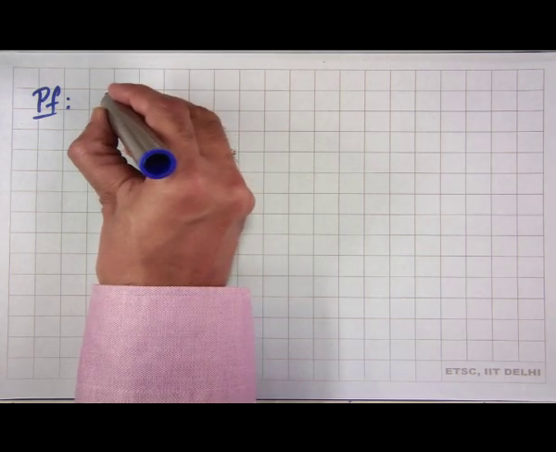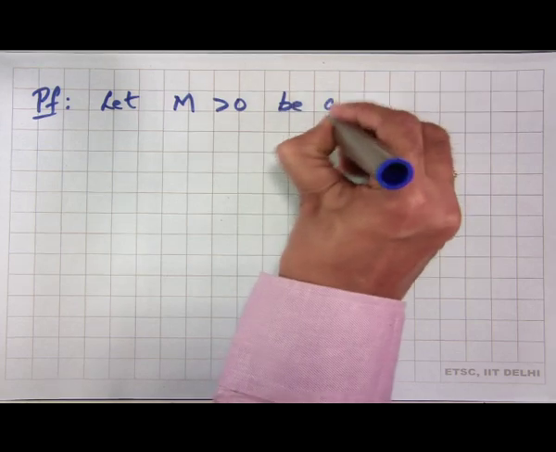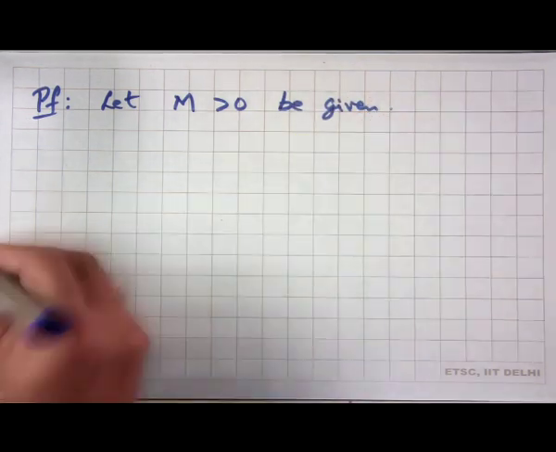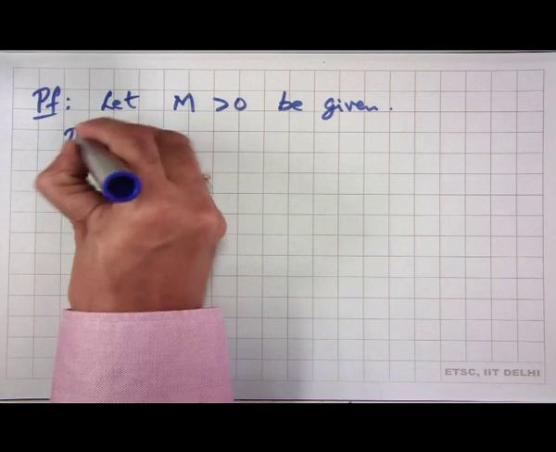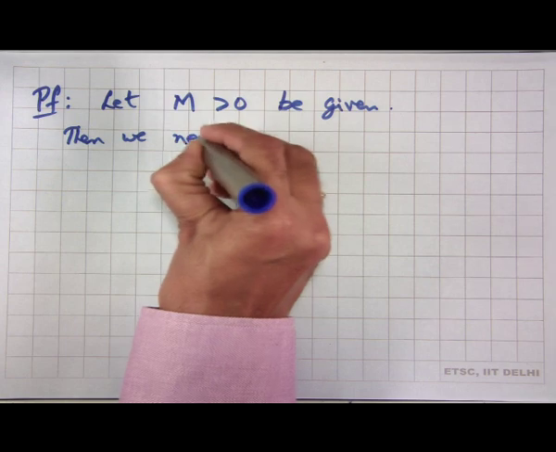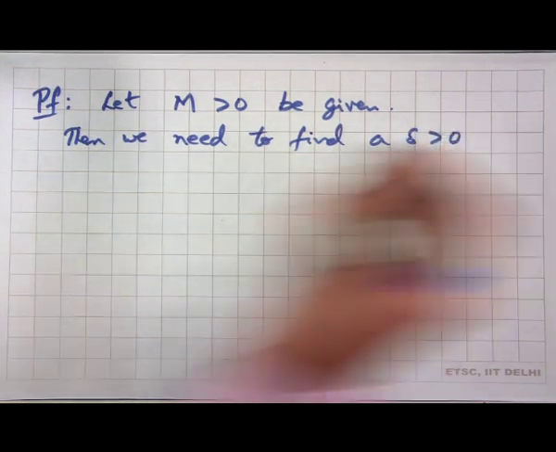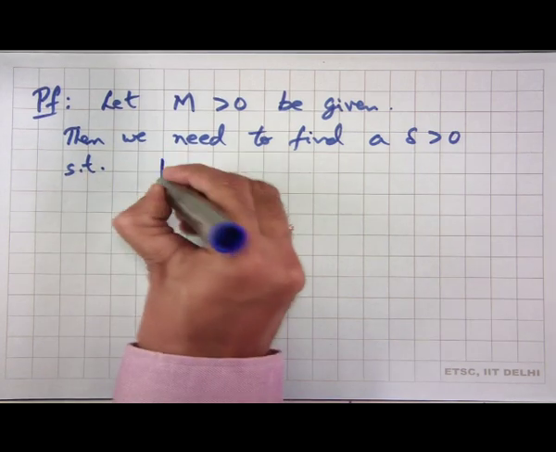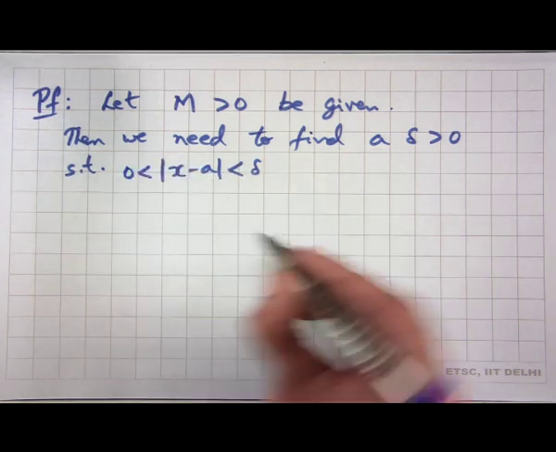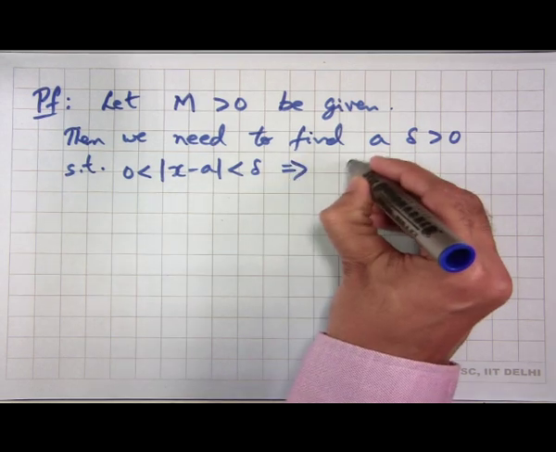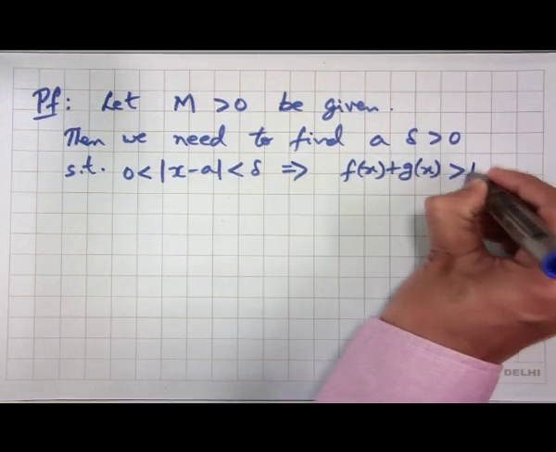So, let m greater than 0 be given, then we need to find a delta positive such that mod x minus a less than delta and x not equal to a should imply f of x plus g of x is greater than m.